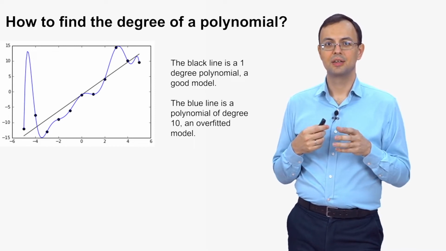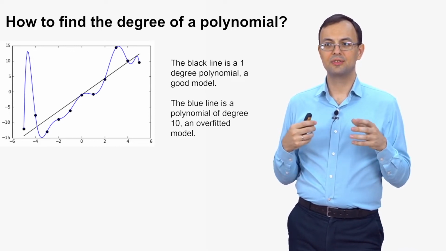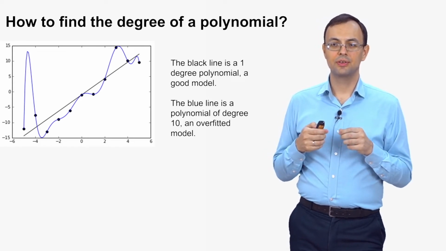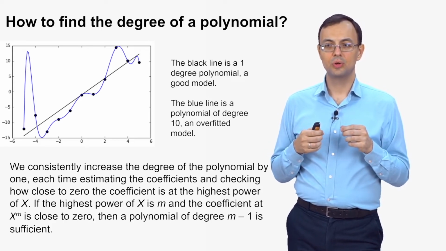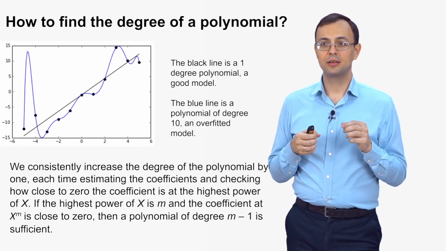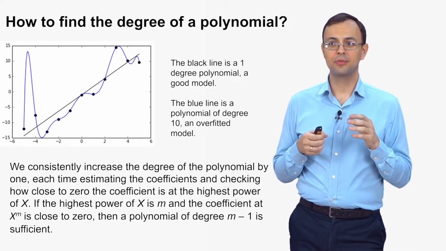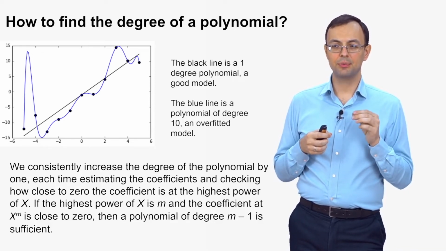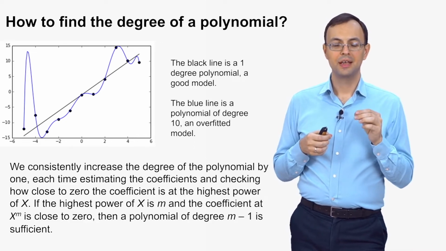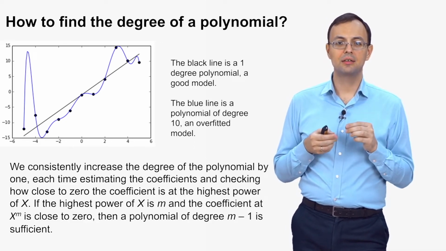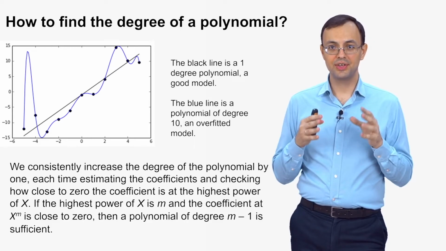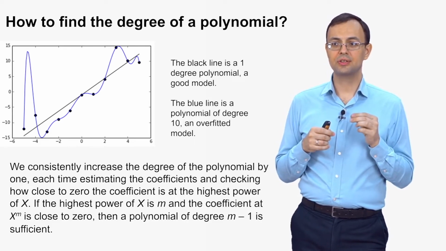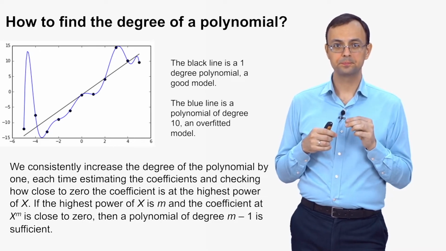To make this model fitted but not overfitted, the best way is to start with a line, a polynomial of degree 1, and then increase the degree of the polynomial just by 1. Each time you estimate the coefficients, thetas, and you look at the coefficient at the highest power of x.